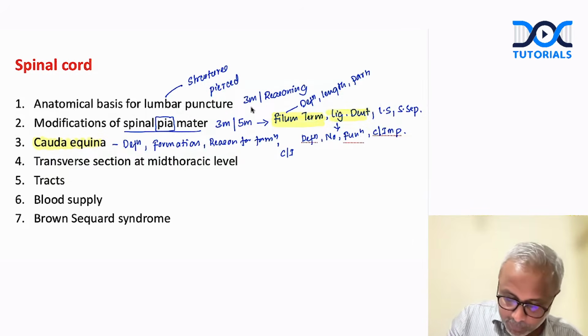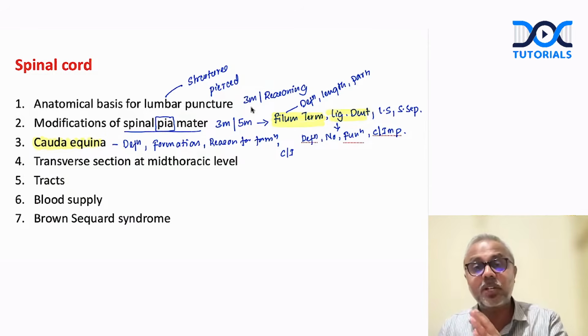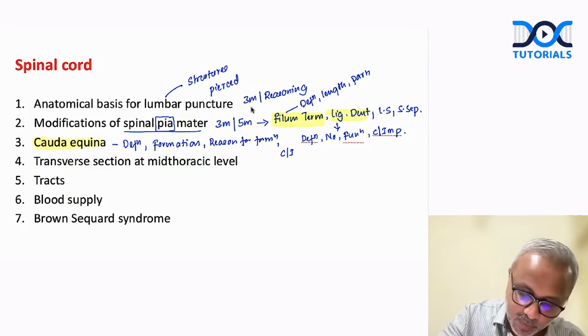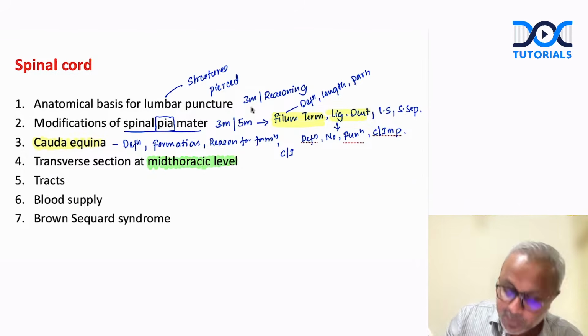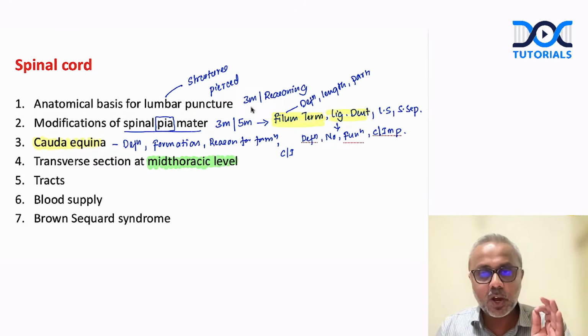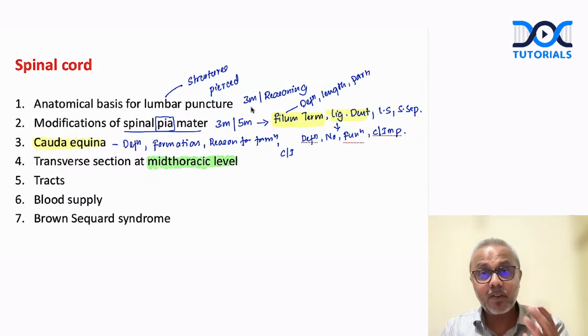Then what about the transverse section of the spinal cord at mid-thoracic level? Now, here, I want you to highlight this. Most often, you will be asked to draw a neat labelled diagram of the transverse section of the spinal cord at the level of the mid-thoracic region, or above T6 or below T6.